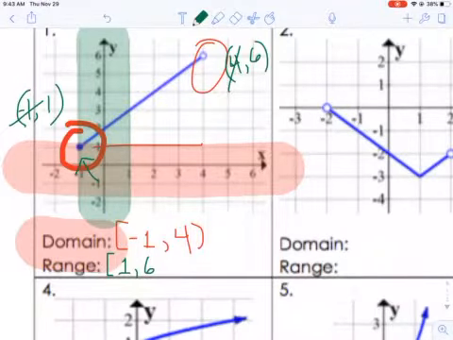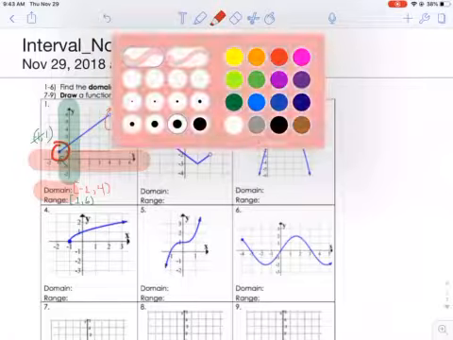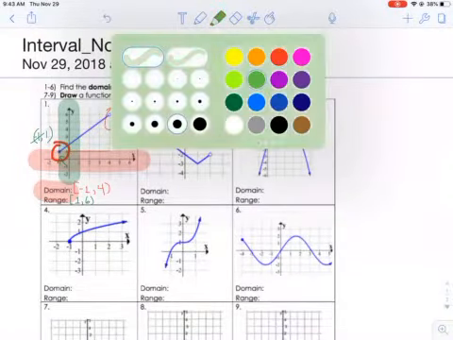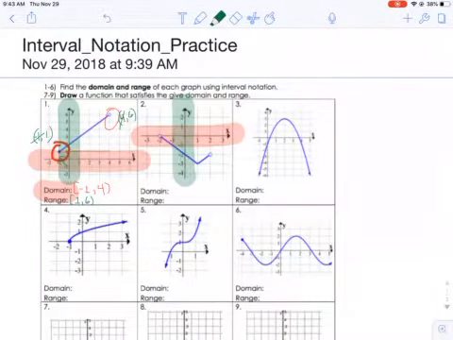So, since it's an open dot, I'm going to use parentheses. And I've just covered the domain and range for that first example. So it's not that bad. Just remember, when you talk about the domain, all you care about is the x-axis. When you talk about the range, all you care about is the y-axis right here.